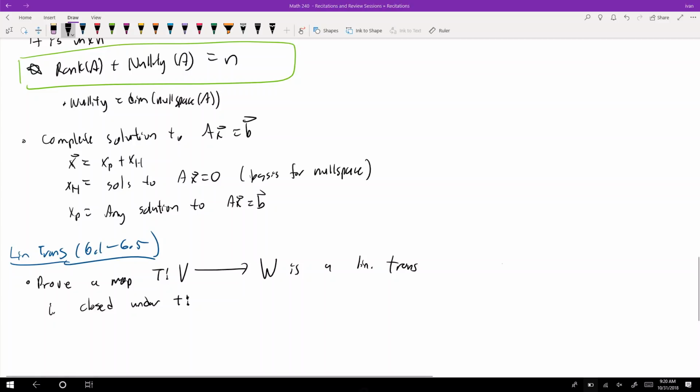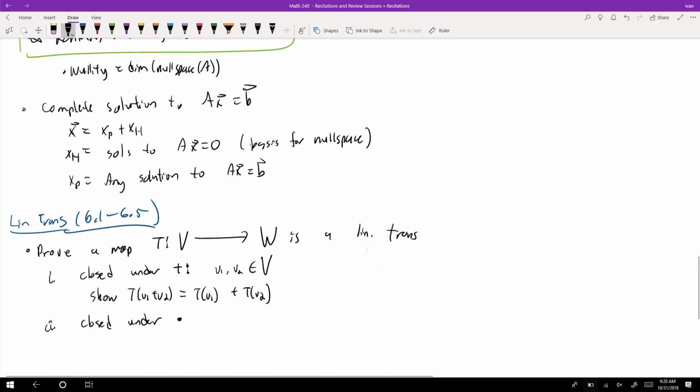So how do we do that? We take little v1, little v2 in big V, and we want to show that T of v1 plus v2 is equal to T of v1 plus T of v2. And the second thing is to show that it's closed under scalar multiplication.